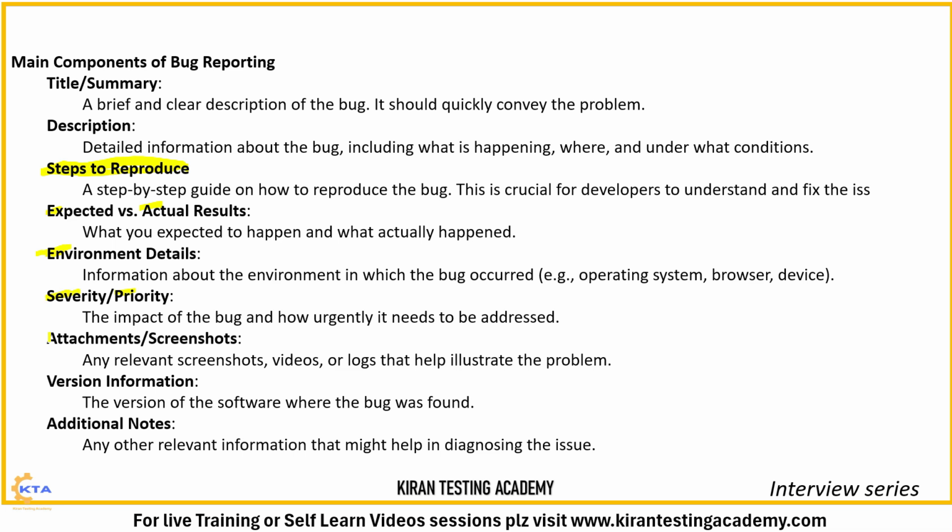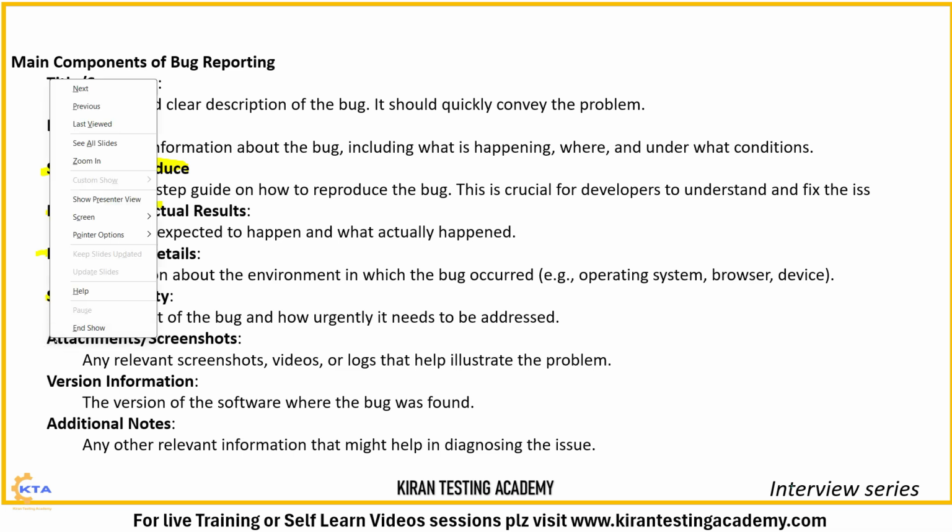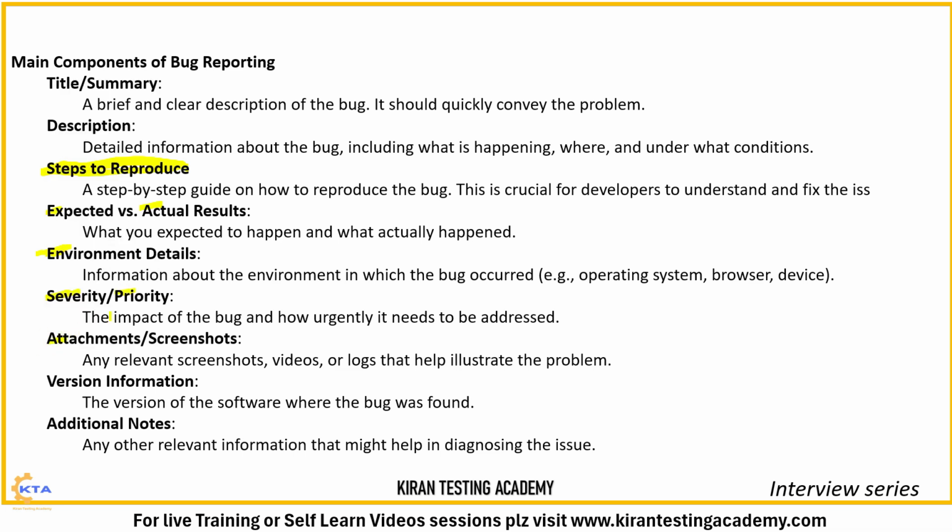Next is attachment. We all know that, correct? A video or an image speaks a lot more than words. So a relevant screenshot or a simple video really helps a lot to understand the bug. And even the version information, what version you have used, that also we need to explain.